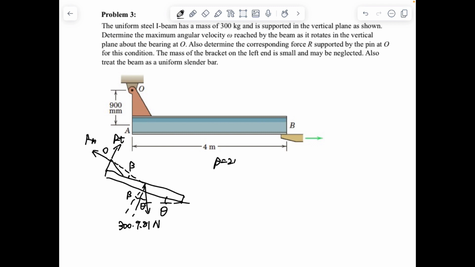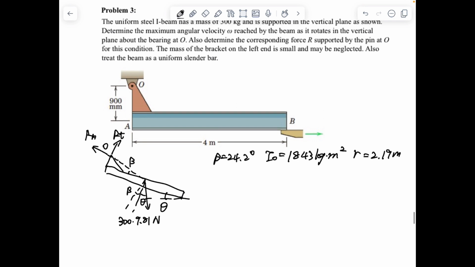Beta is equal to 24.2 degrees and IO is equal to 1843 kilograms times meter square, and r is equal to 2.19 meter.